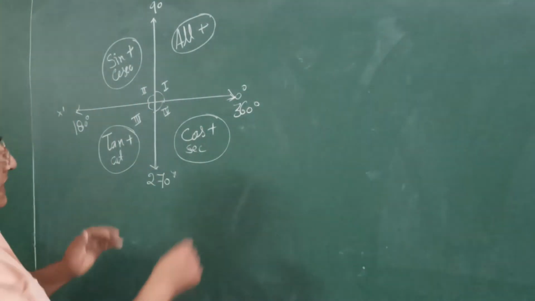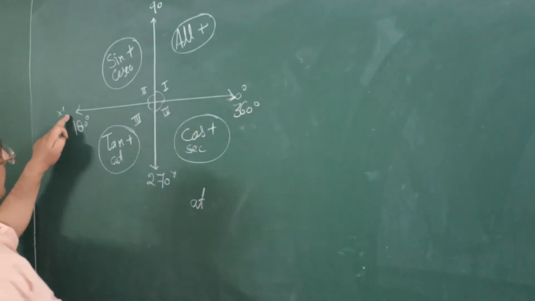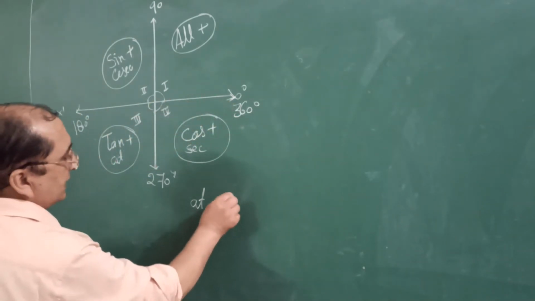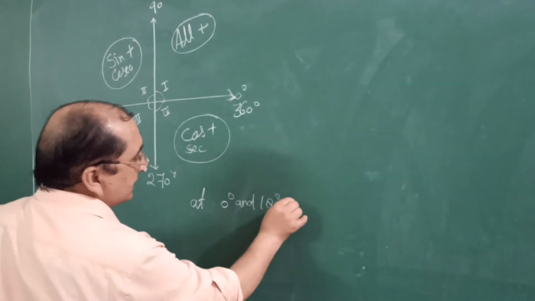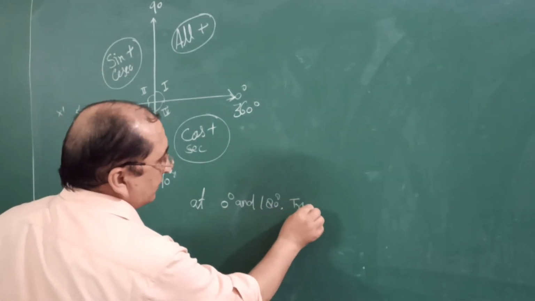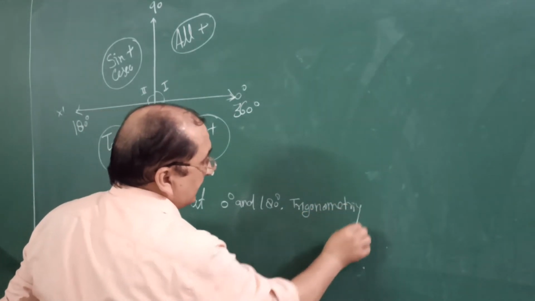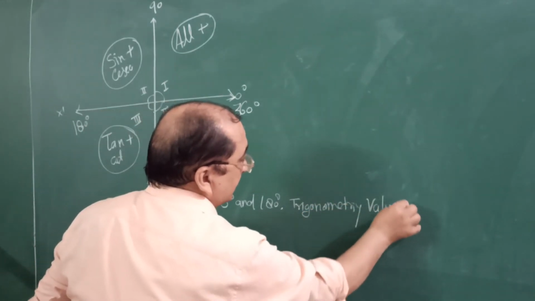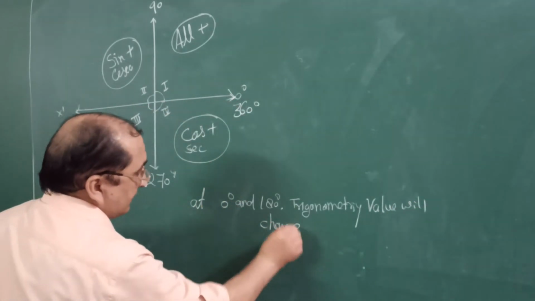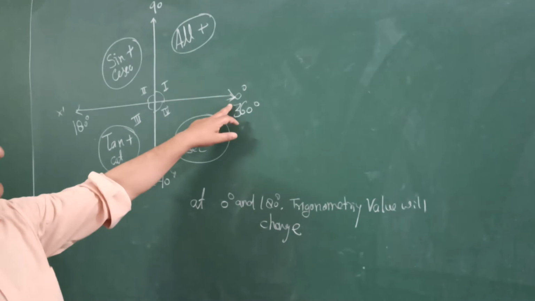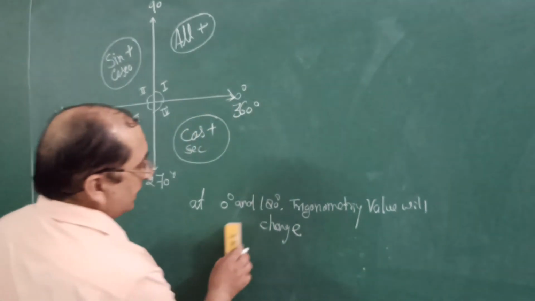But we know that at 0 degree and 180 degree, the trigonometric values will not change.